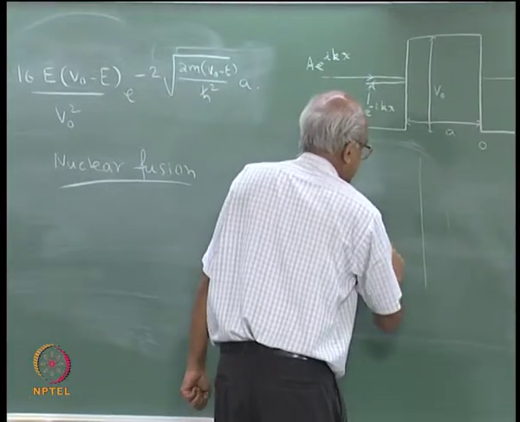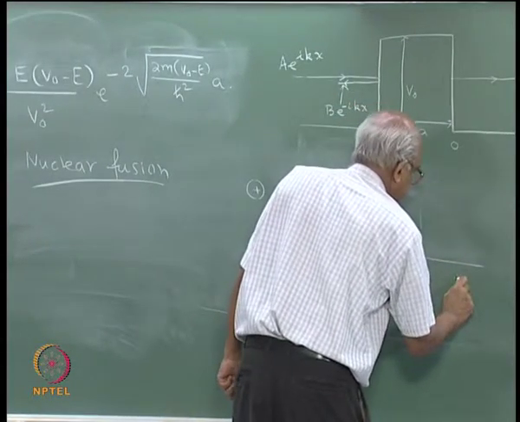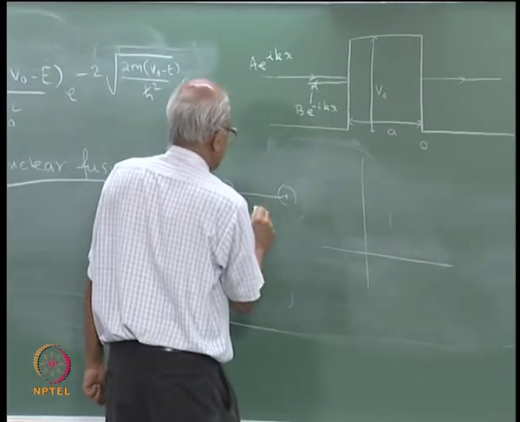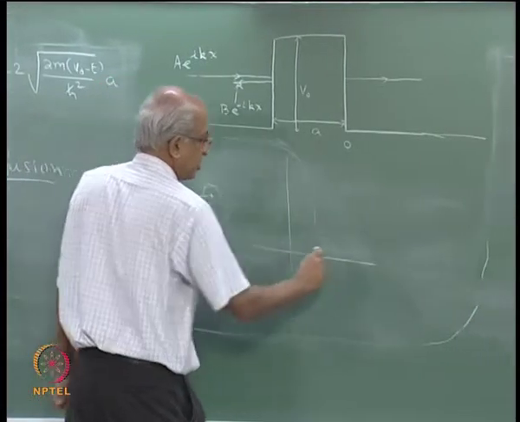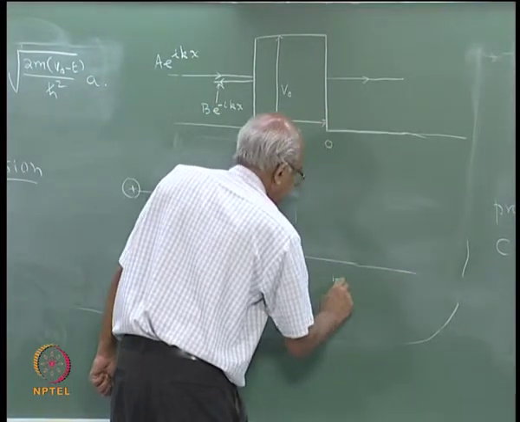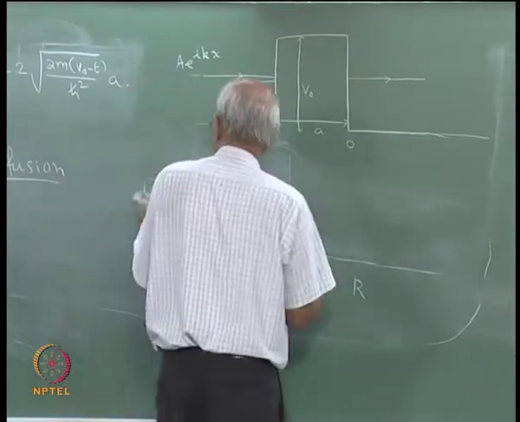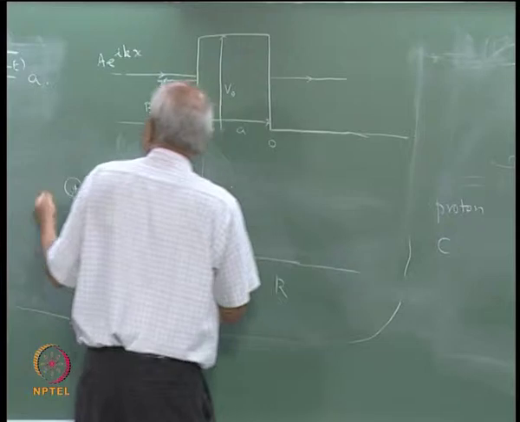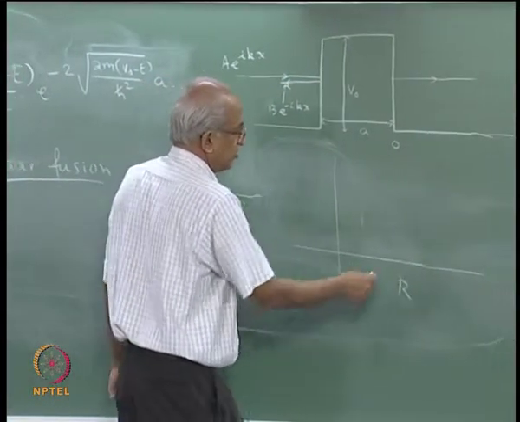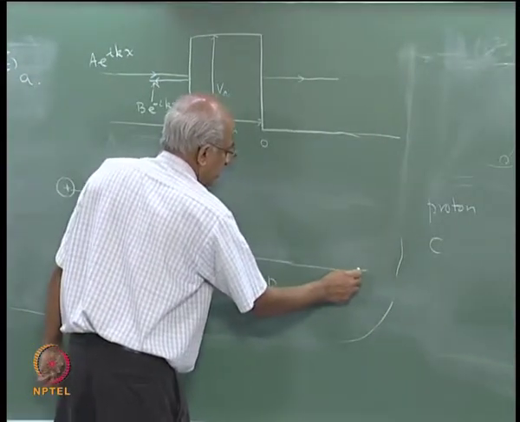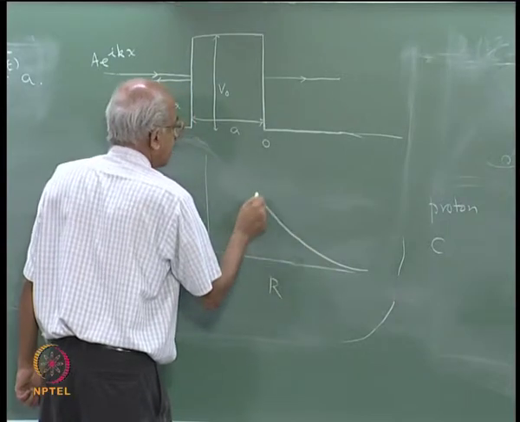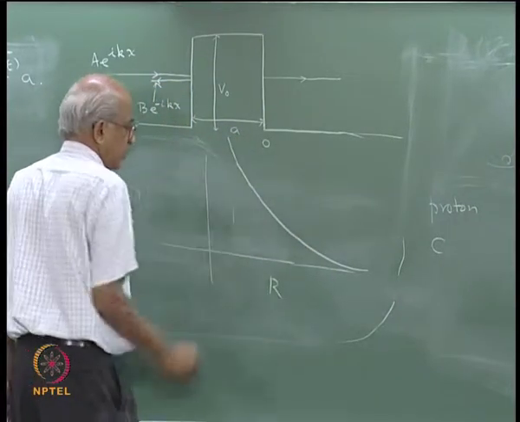If you plotted the total energy of the system as a function of the distance between the two, let me say the distance between the two is denoted by capital R, there is Coulombic repulsion between the two nuclei, so the energy will actually go on increasing to a large value.